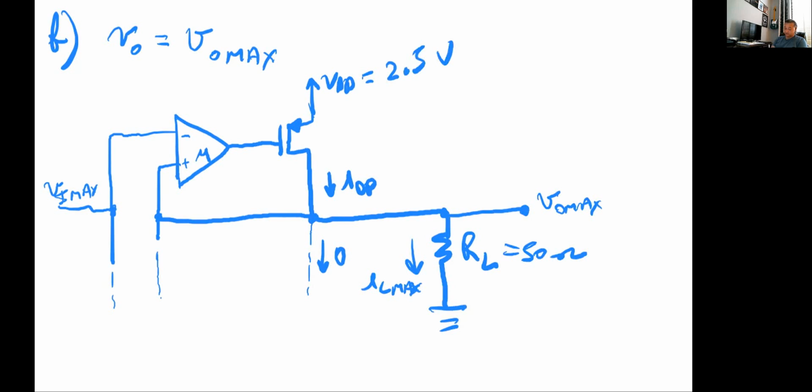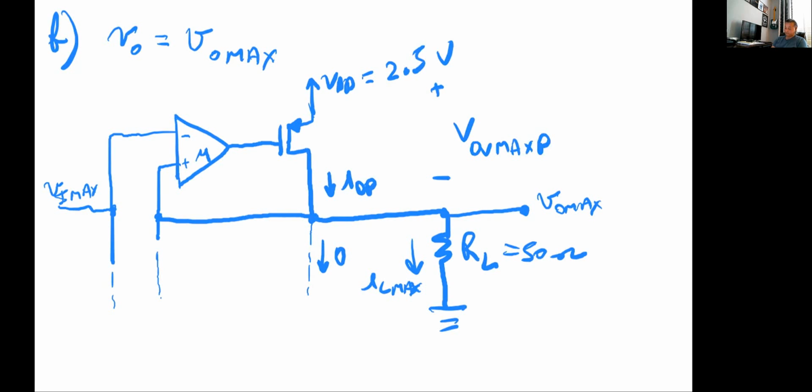And another observation in this circuit is that when that happens, for this P channel to be as saturated as possible, what we're going to need to have from the source to the drain is the maximum overdrive voltage for the P channel.